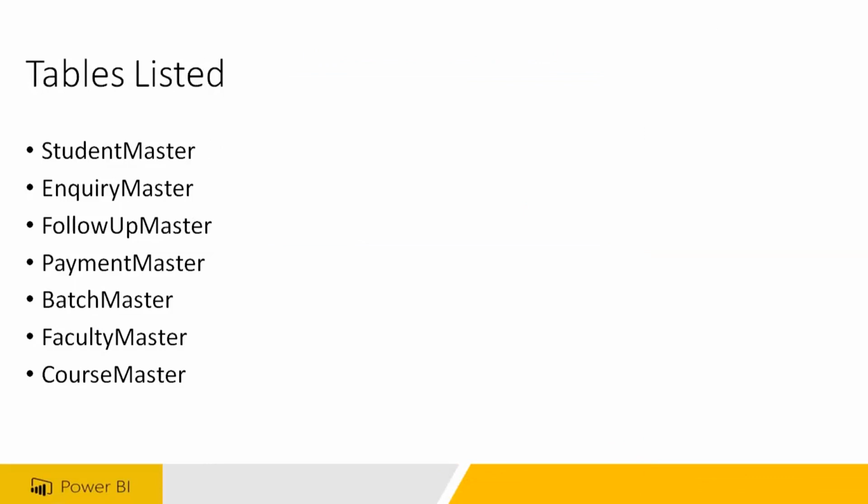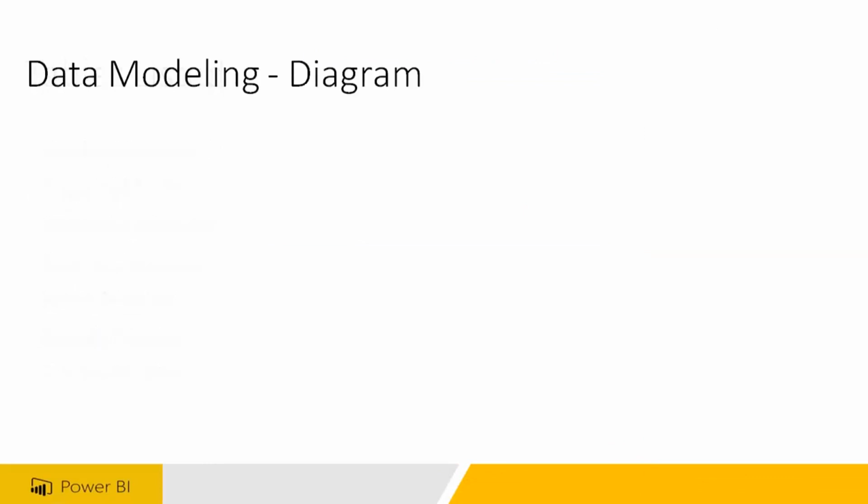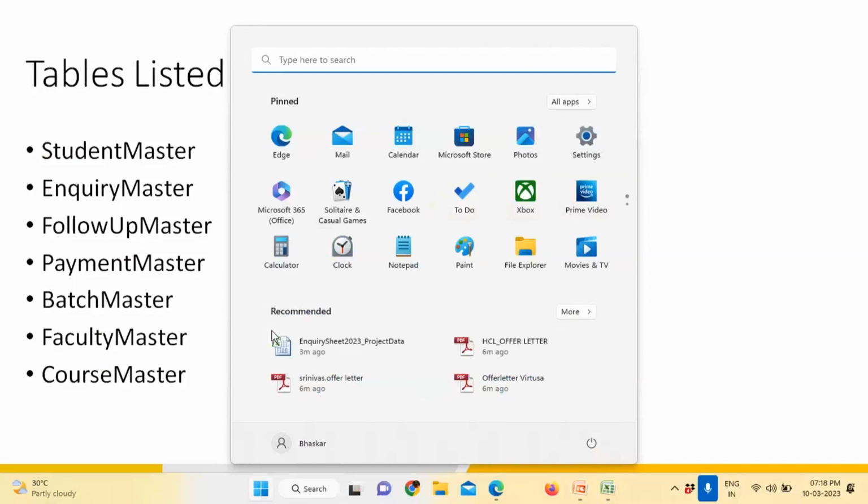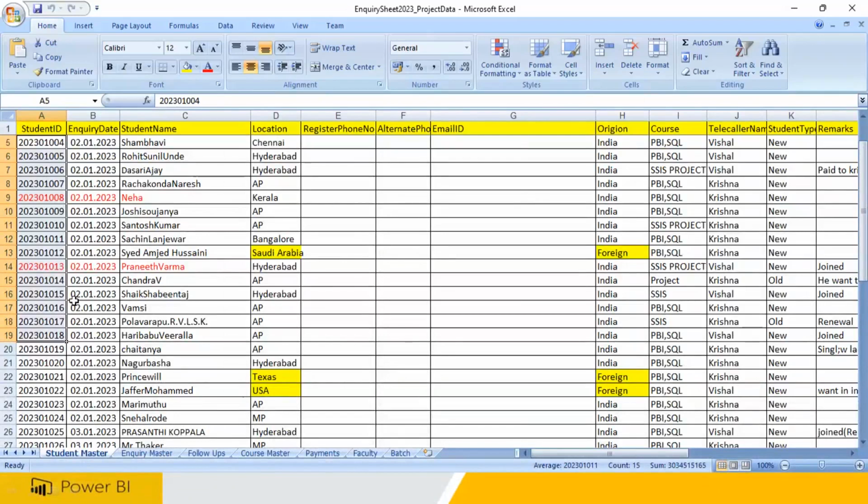But now you have to create a data model for this. You need to understand there is a student table, and I want to tell you how the student table is used. Whenever you call us for an inquiry, for example, you want to join the Power BI course with us, you will call, and we are going to give you a student ID.